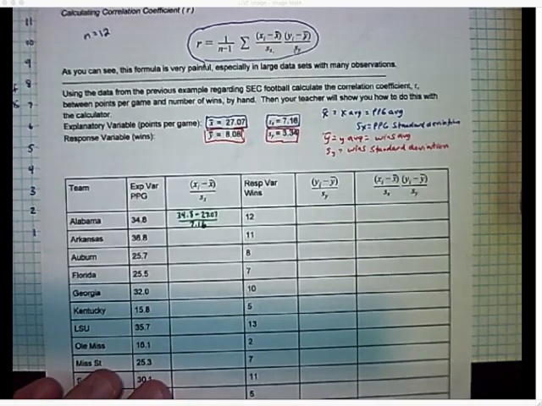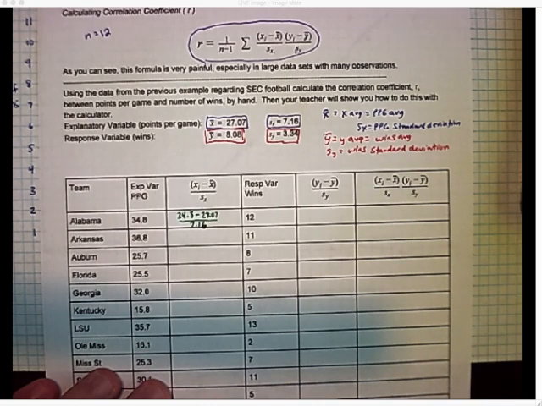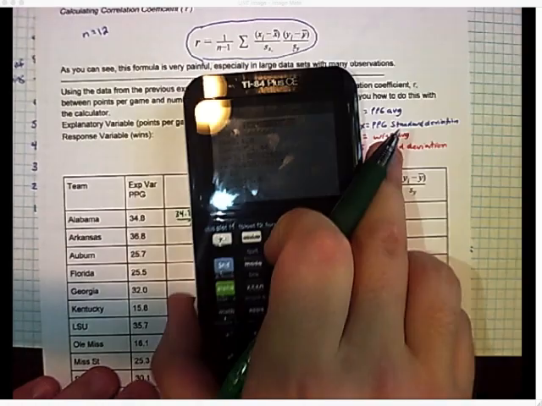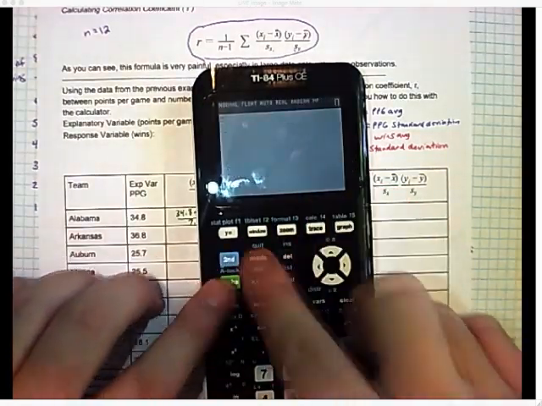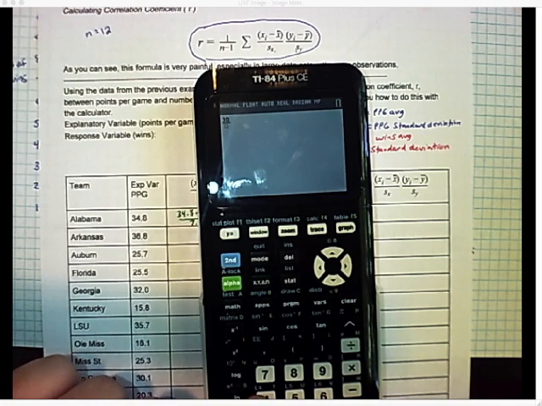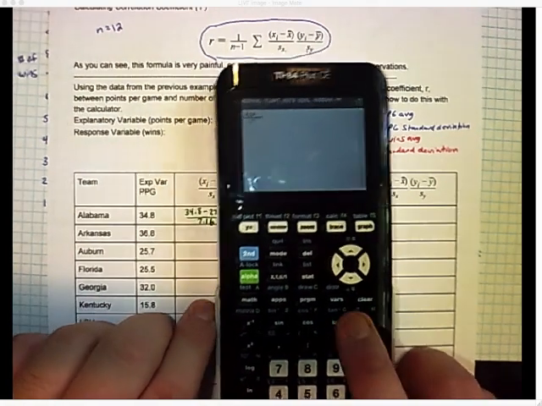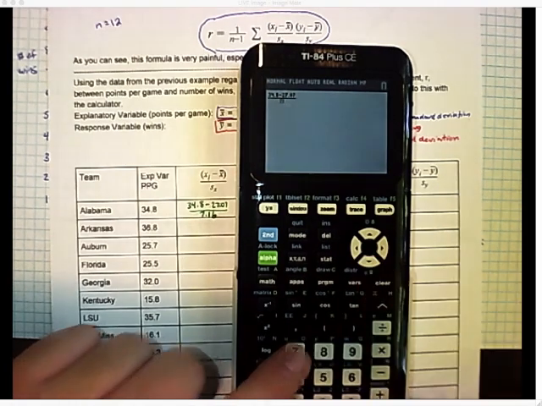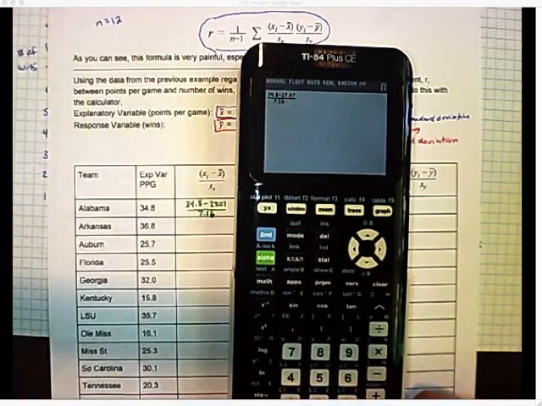So 34.8 minus 27.07 over 7.16. And these will be the same in each one of these. All right. So let's go ahead and do that. Set up a fraction on your calculator. We're going to do 34.8 minus 27.07 all divided by 7.16.